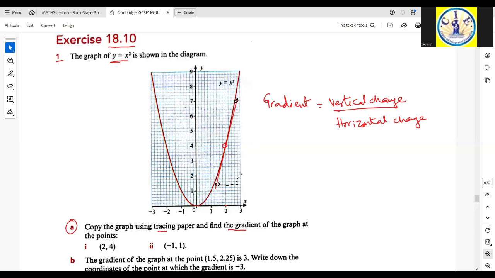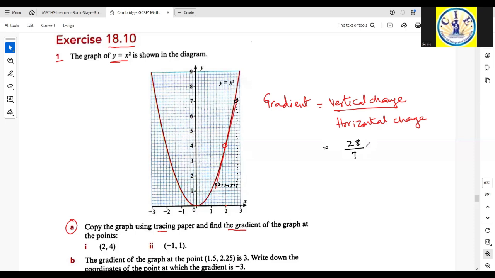So that is 1, 2, 3, up to 20, then 1, 2, 3, 4, 5, 6, 7, 8. And for the change in x, or the horizontal change, 1, 2, 3, 4, 5, 6, and 7.